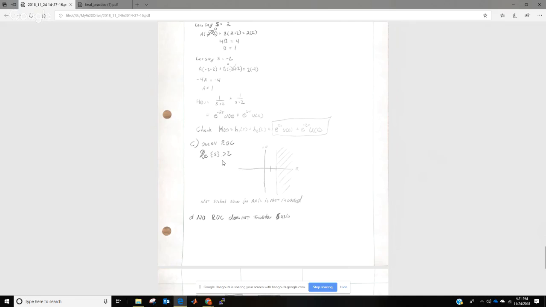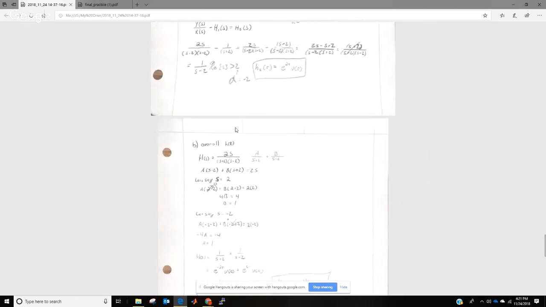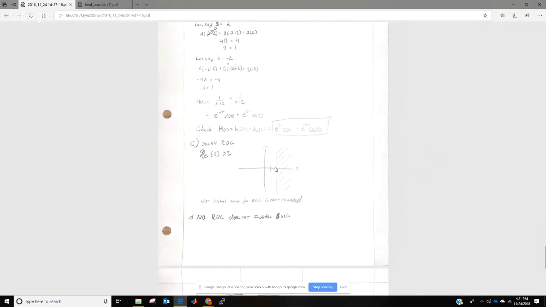And we're also asked if it's causal. Looking at it, it's in the right half of the plane and to the right of the rightmost pole. So our poles were -2 and +2. So we are right of the rightmost pole. Therefore, we are also not causal.